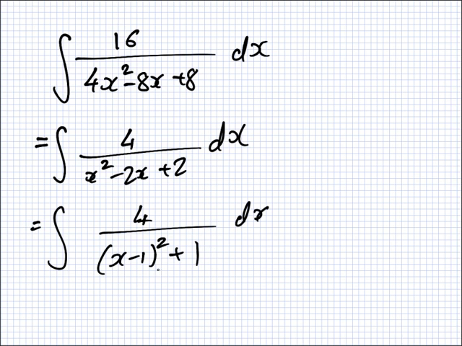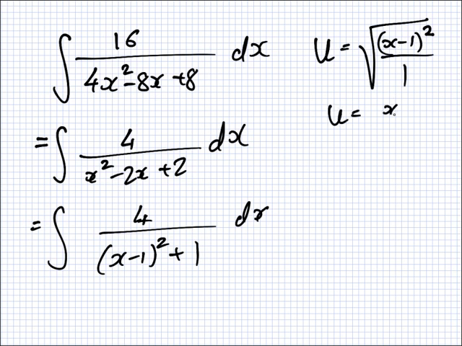Isn't that completed square? Yes. So u could equal the square root of x minus 1 squared over 1, which would mean u equals x minus 1.